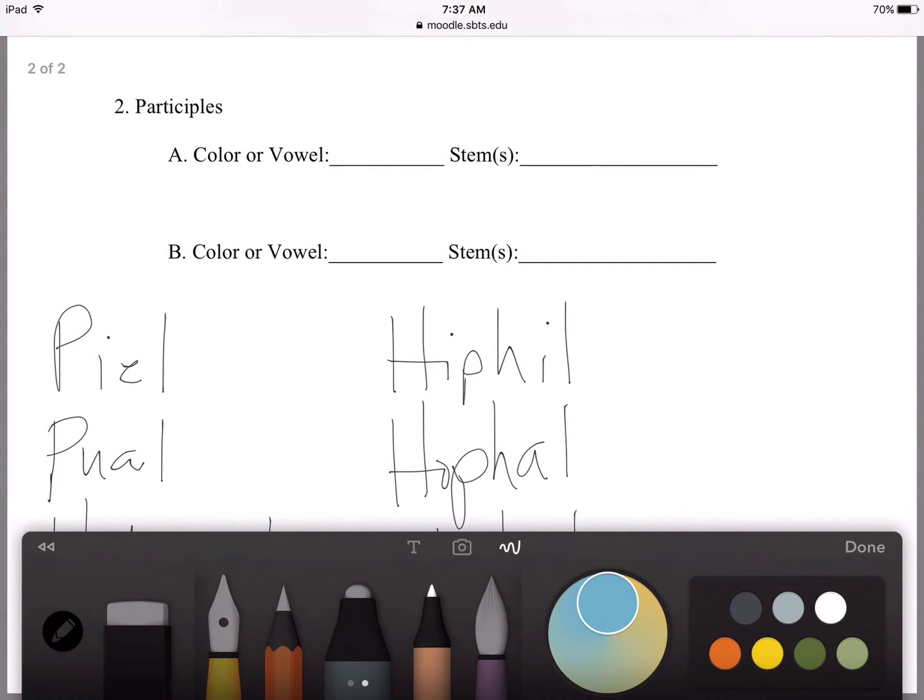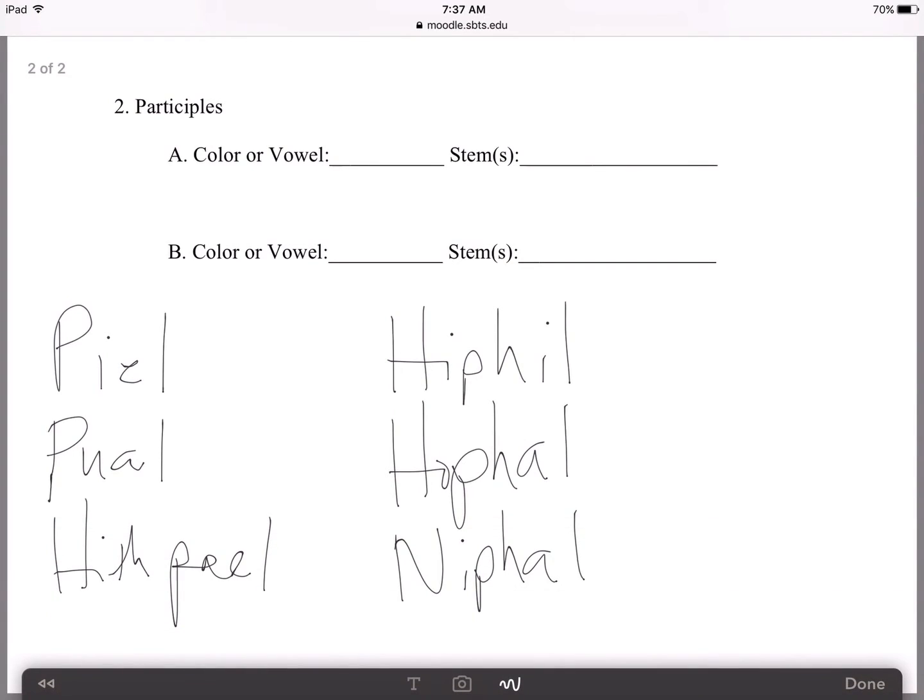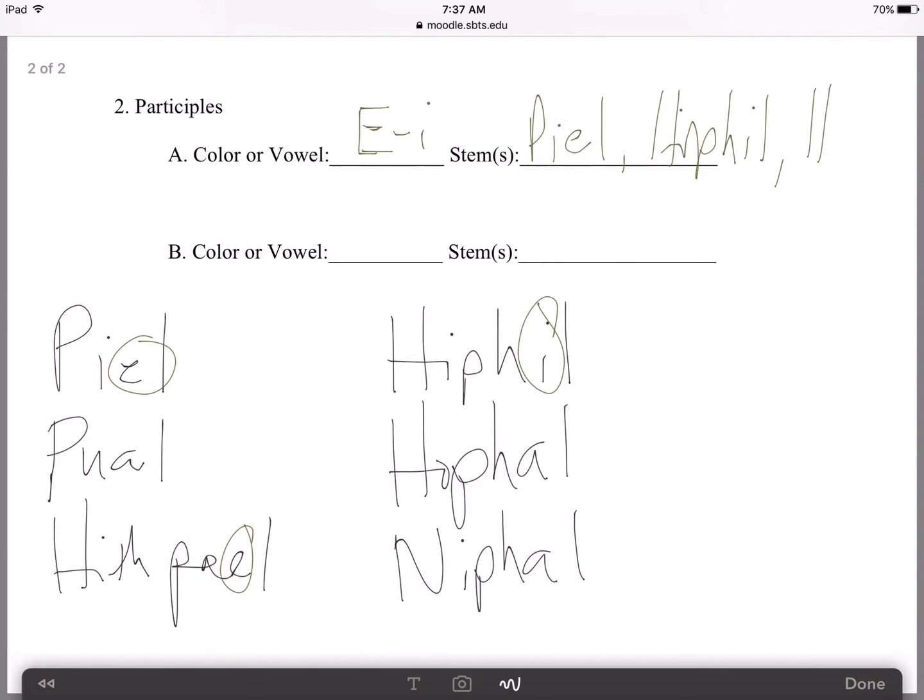So if you want to know what the theme vowel is for the participles, we're going to do it like this. Okay, the green ones, Piel, Hifil, Hithpael. So we would go E theme vowels here. I'm going to go, E and I theme vowels here are going to be Piel, Hifil, and Hithpael.